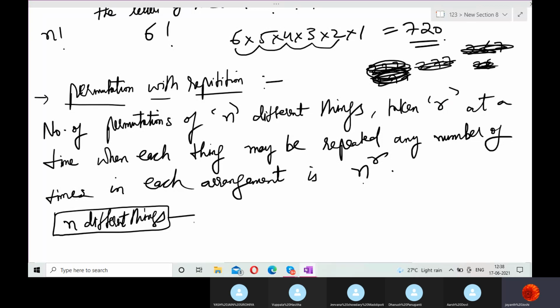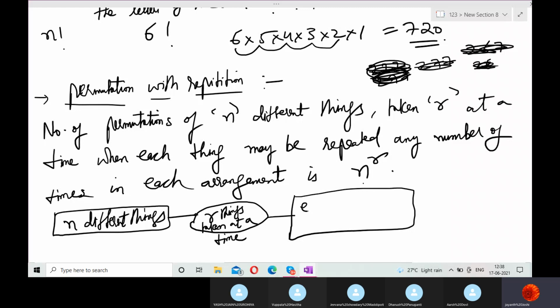Okay, so here we have n different things, and then you have r things taken at a time, each of the n things may be repeated once, twice.